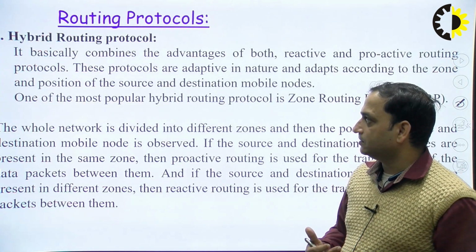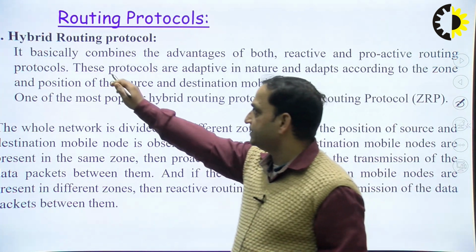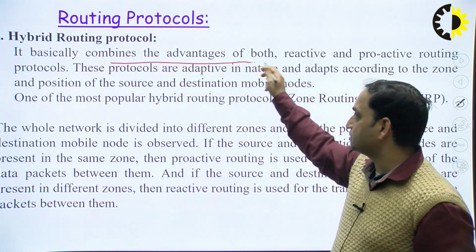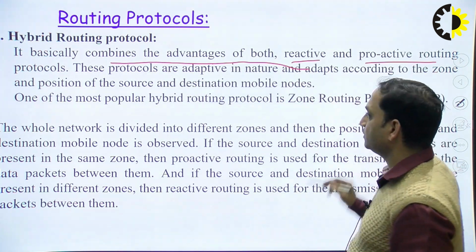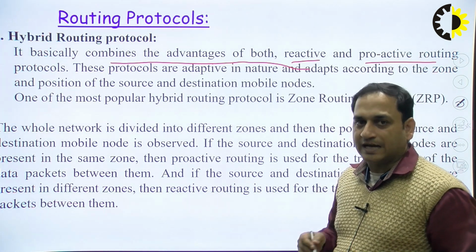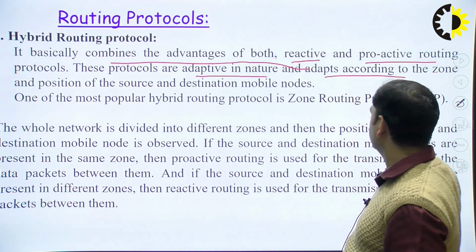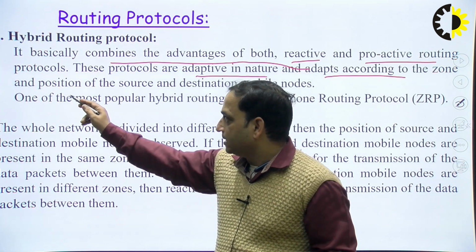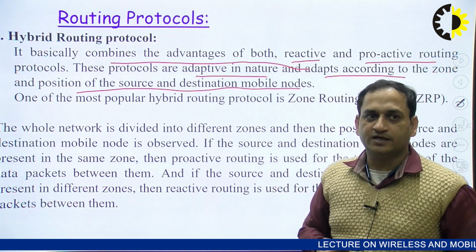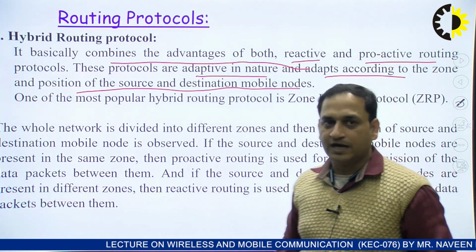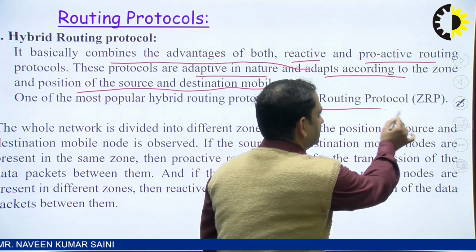Next is the hybrid routing protocol. As I said, it combines the advantages of both the reactive and the proactive routing protocols. These are adaptive in nature and adapt according to the zone and the position of the source and destination mobile nodes. One of the most popular examples of a hybrid routing protocol is the zone routing protocol.